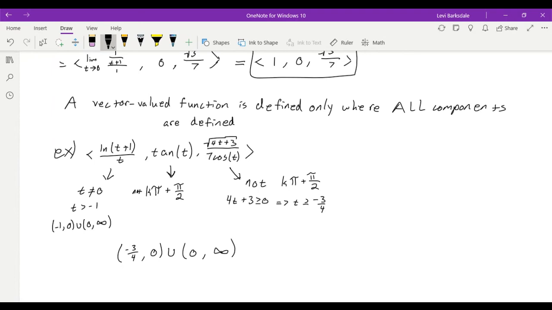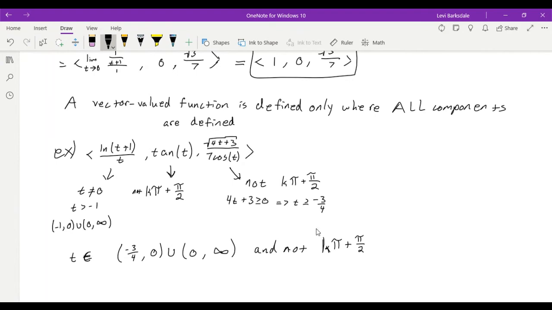But then we also can't have any value that takes this form. Any value that would make cosine of t equal to 0. So we can say that our t value has to be either between -3/4 and 0, or from 0 to infinity, and it cannot be of the form an integer times pi plus pi over 2, and that would be our total domain for this vector-valued function.